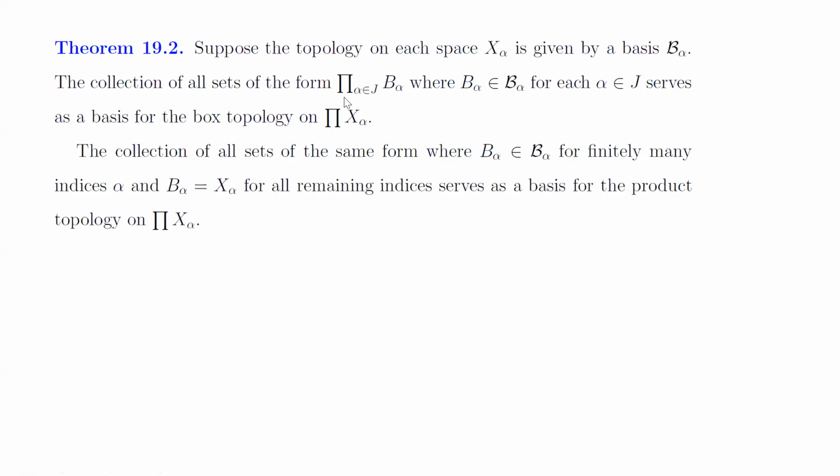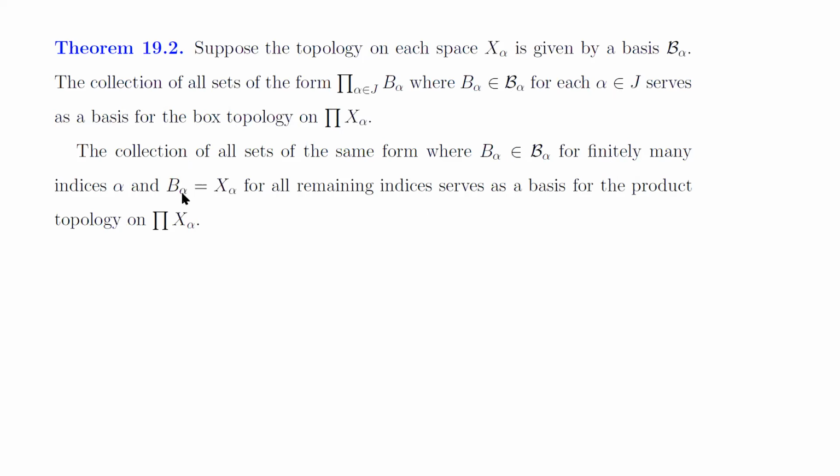Suppose the topology on each space X alpha is given by a basis. Then the collection of all sets of the form the Cartesian product of B alpha, where B alpha is in the basis for each alpha in J, serves as a basis for the box topology on the product space. It's the same for the product topology, except this holds for finitely many indices alpha, and then B alpha equals X alpha, the whole space, for all remaining indices.